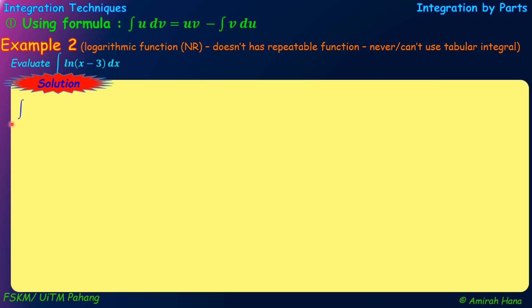When we integrate ln(x minus 3) dx, x minus 3 is inside the ln function, which means ln(x minus 3) come together and it is a single function. When we are given a single function and we need to evaluate using integration by parts, the single function is confirmed to be u and dx will become dv.